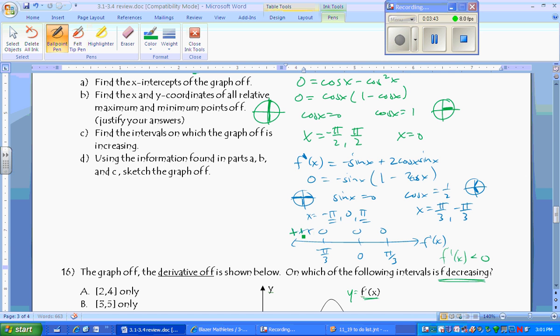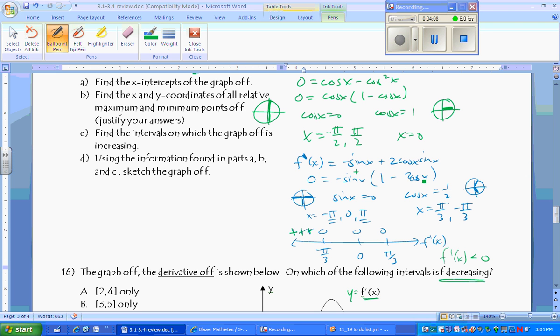Put in a number between 0 and negative pi over 3, like negative pi over 6. Sine of negative pi over 6 would be a negative number, but times the negative would make that positive. And then 2 times cosine of negative pi over 6, that is square root of 3 over 2.